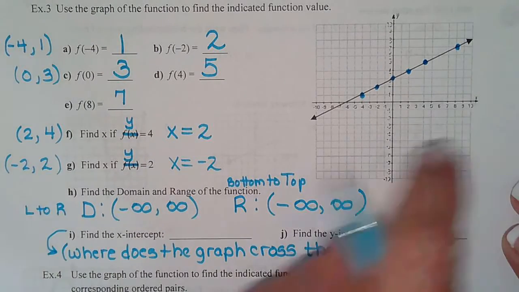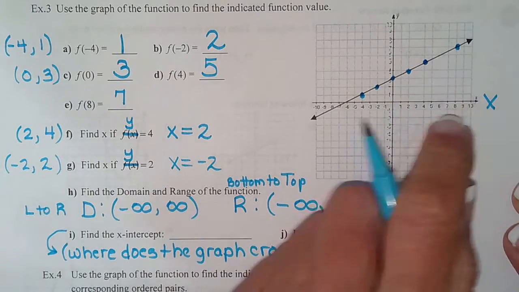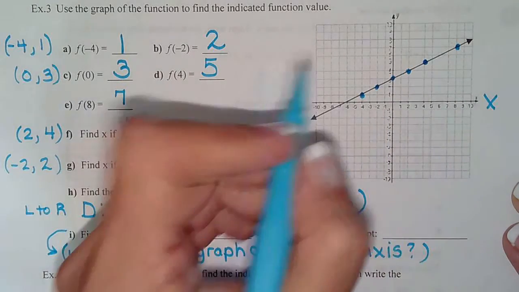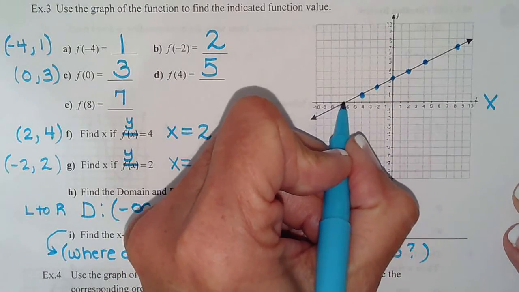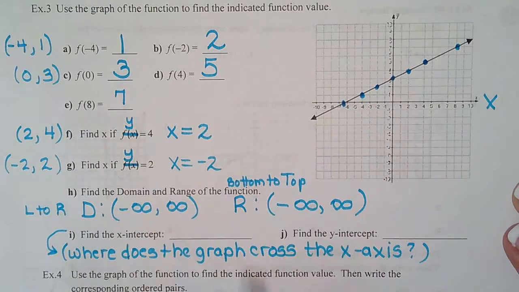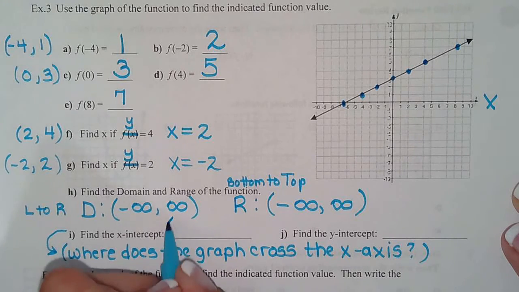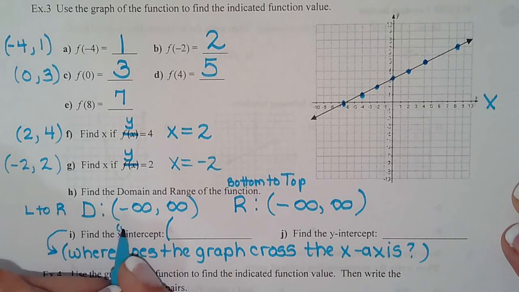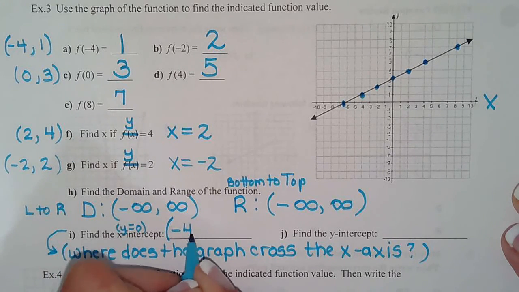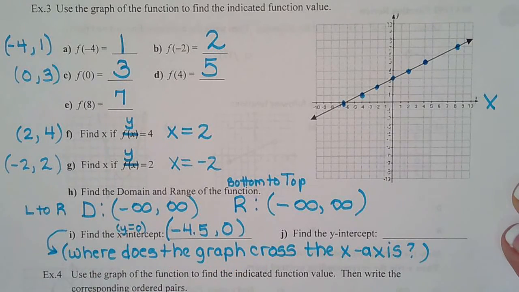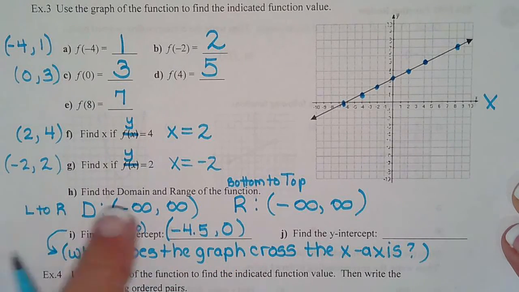So I go along the x-axis and I say, where does the graph cross it? Well, it crosses it right there. It looks like it's about in the middle between -4 and -5. So should we write -4.5? And remember, on the x-intercept, y is always 0.